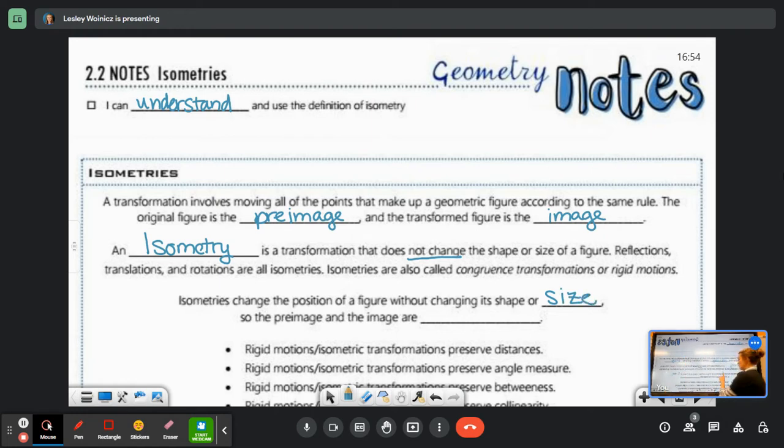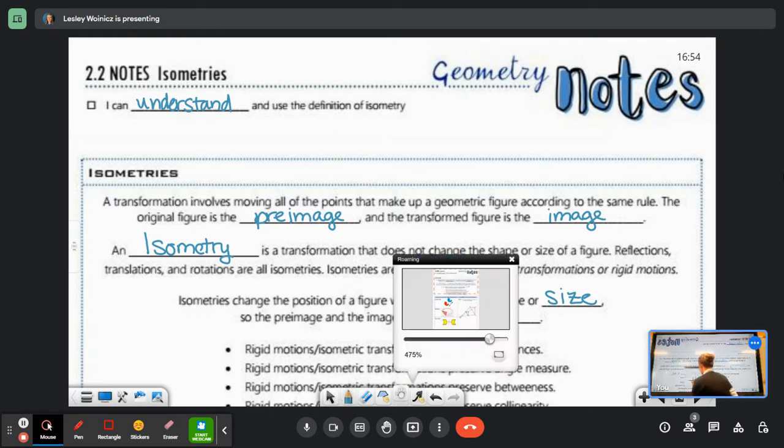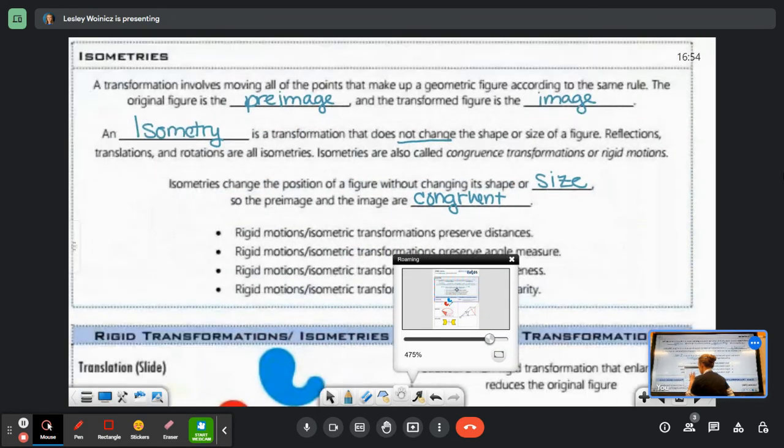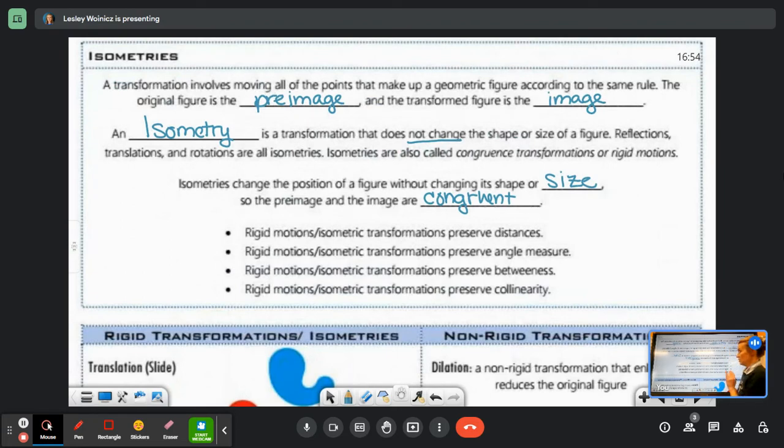That is to say, the pre-image, that's the before, and the image, that's the after, are congruent. These are the reasons that the image and the pre-image are congruent: in a rigid motion or isometric transformation, we preserve distance, angle measure, and betweenness.